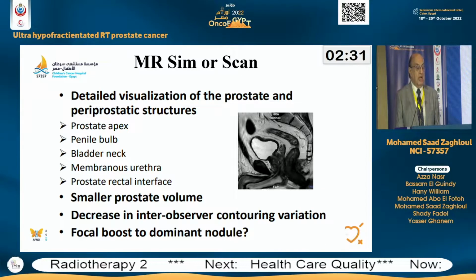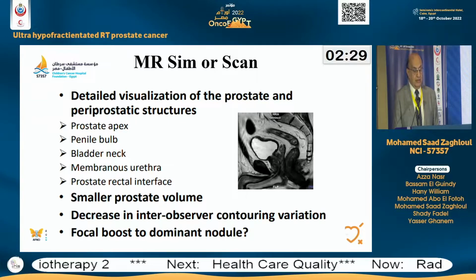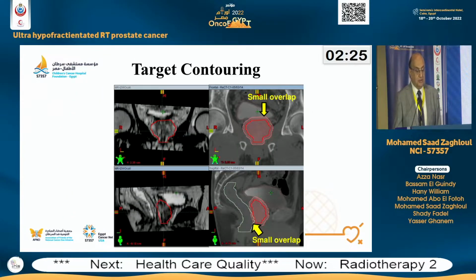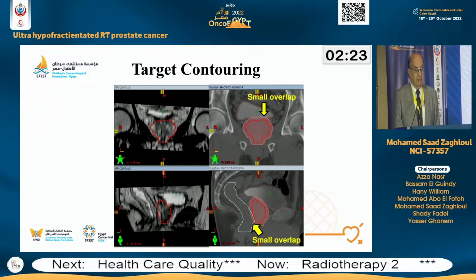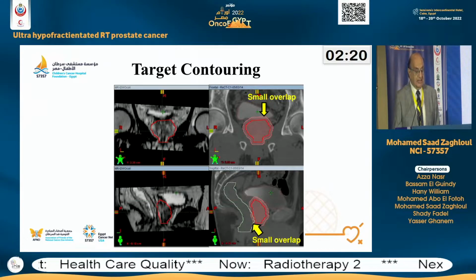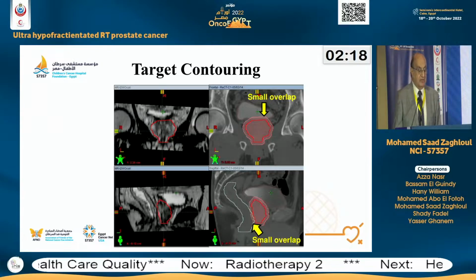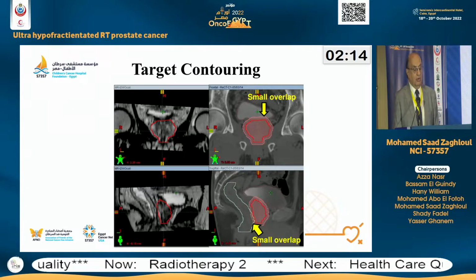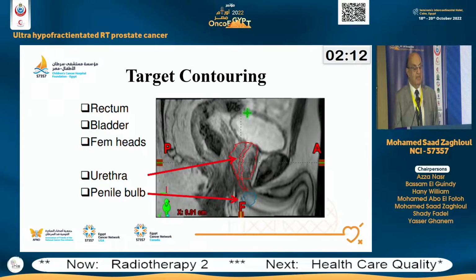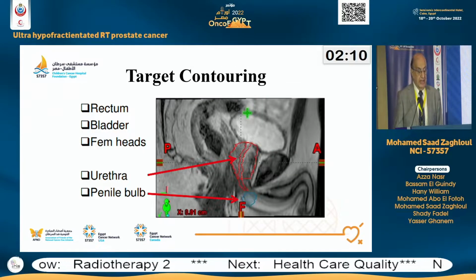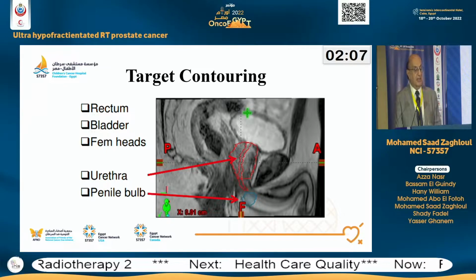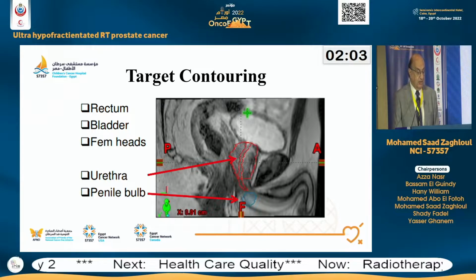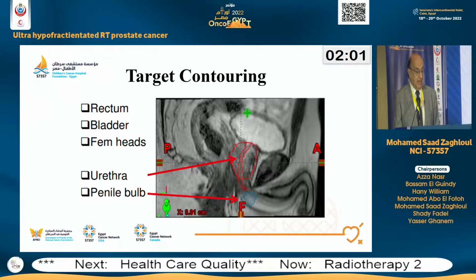We do the MR simulation together with the CT simulation, and then we have the target contouring for the prostate and seminal vesicle, if we take the whole seminal vesicle or the lower two-thirds of the seminal vesicle. We have to delineate the rectum, bladder, femoral heads, as well as the prostatic urethra and penile bulb.